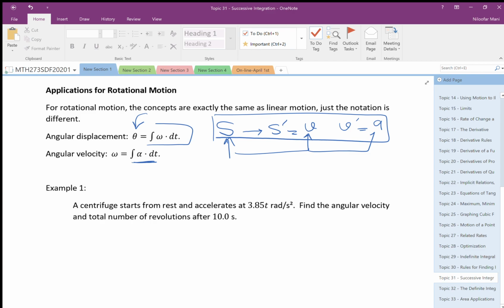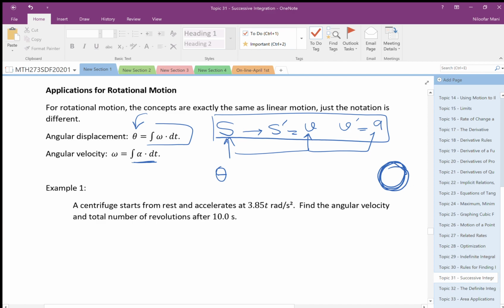If I have theta, it is my displacement in radians, or angular displacement, where maybe I don't change my position, but I'm just moving around the circle. For example, I start here and I go back here, say several times. This is angular displacement.